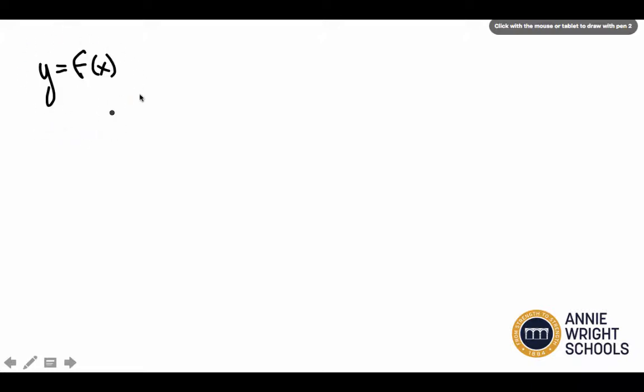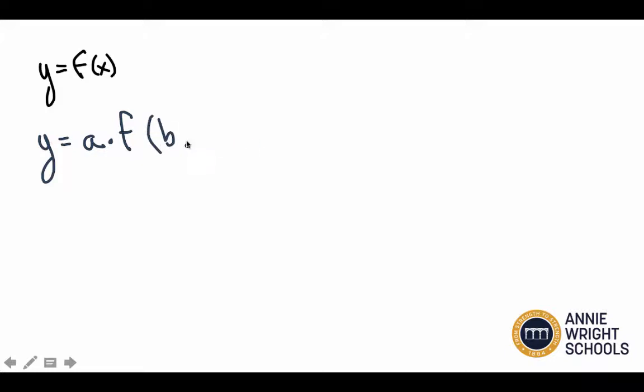You can take a function and transform it by having a value that you multiply the function by, a value you multiply the x by, adding and subtracting a value from x, or adding and subtracting a value to the y. So we are going to look individually at each one of these things. What does adding to x, what does adding to y do?